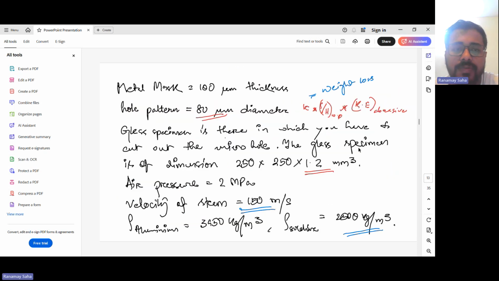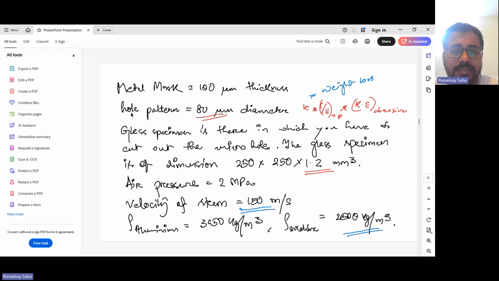Suppose you are given a metal mask, which is of 100 micron thickness. A hole pattern is there to be transferred into the substrate through this mask. The hole is 80 microns in diameter.